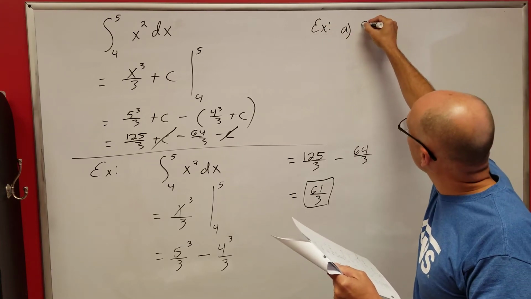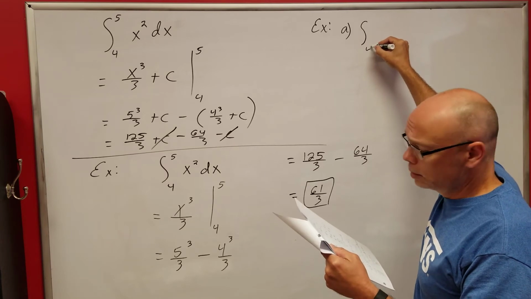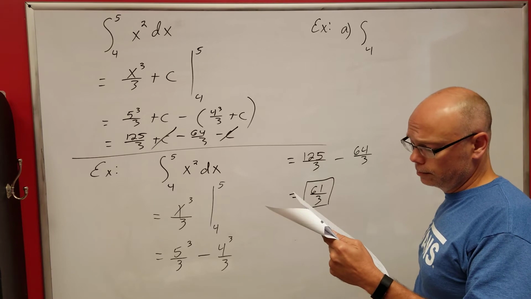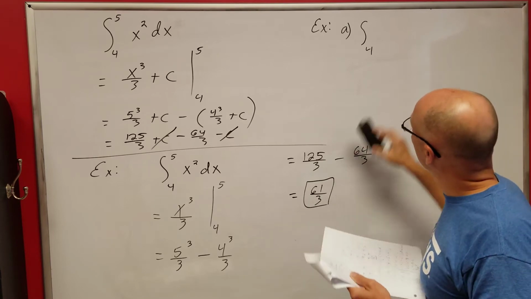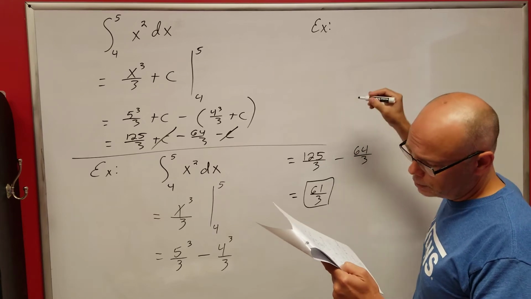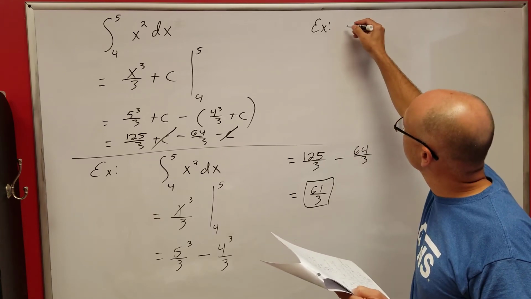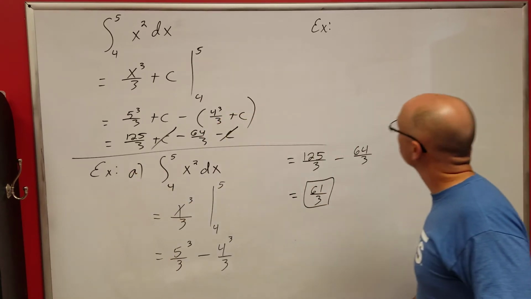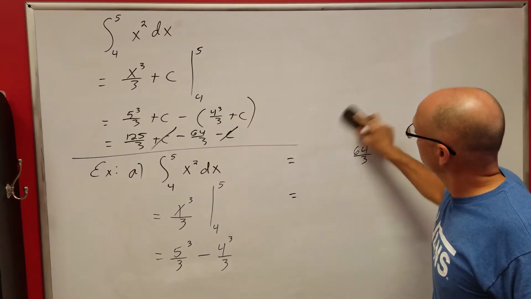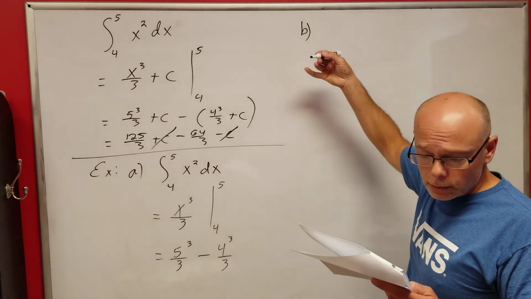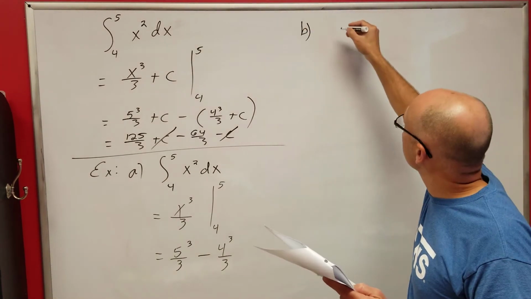I do have a part A. It has the integral from 4 to 5. Oh, my notes are messed up here. Okay, let's try this then. Let's go ahead and recall this A, and then we'll call this over here B. This is going to make a wonderful video here, all this erasing and everything.